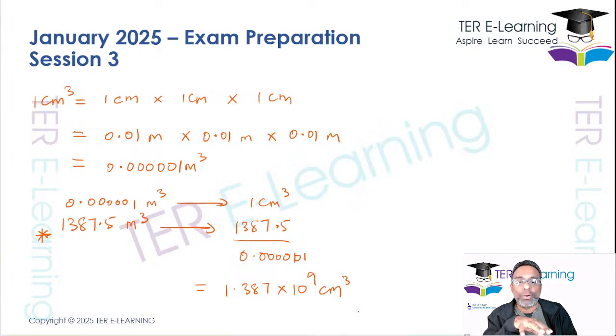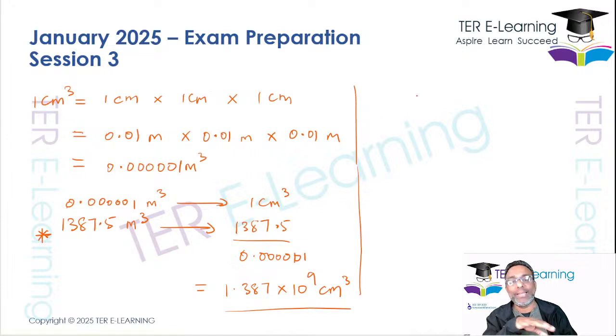All right, now what's happening here is that this is the actual volume of water in cm cube in the pool, right? Now 1000 cm cube is 1 liter, right? So therefore, this big number here, if you're wondering what I'm doing, I'm writing this in standard form because the number is so large.